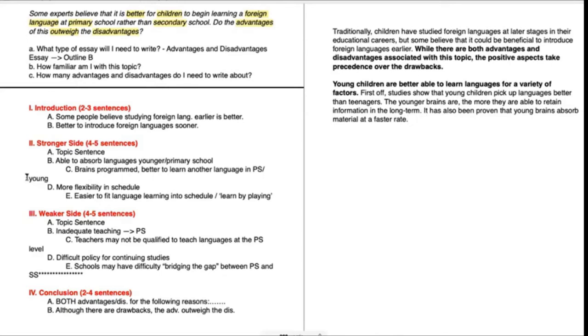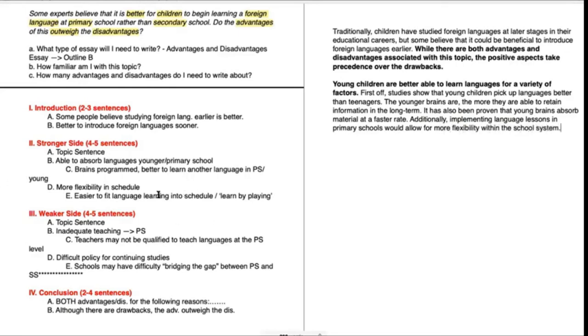And now I'm going to go into my second explanation, so more flexibility in schedule. It's my second point, so I'm going to say, additionally, implementing language lessons in primary schools would allow for more flexibility within the school system.